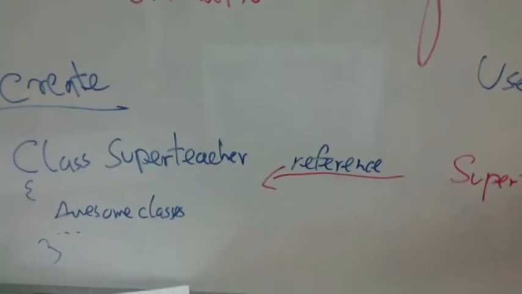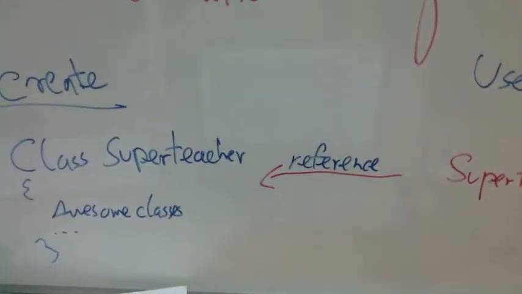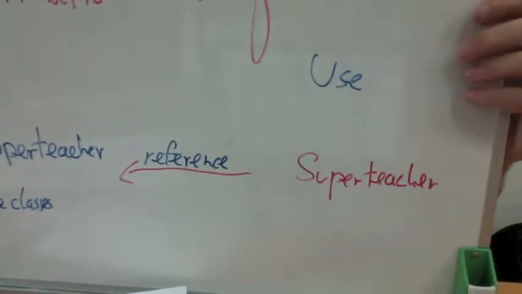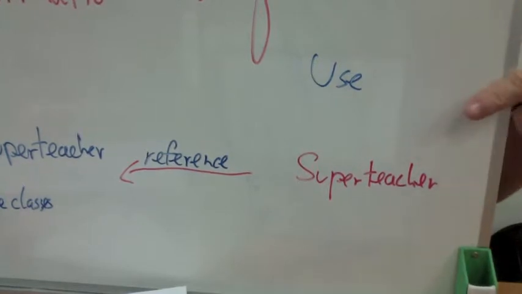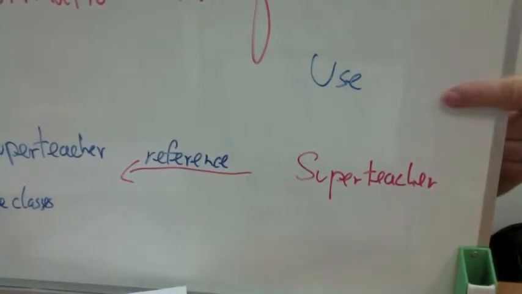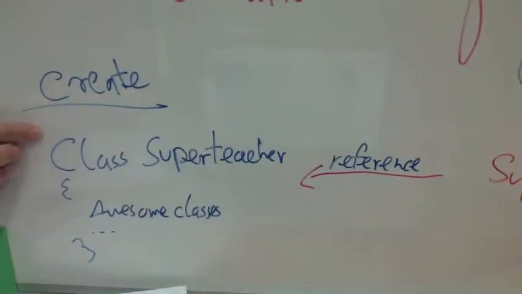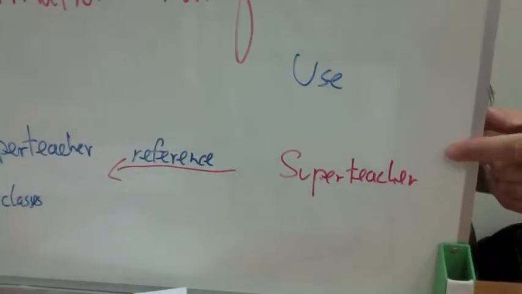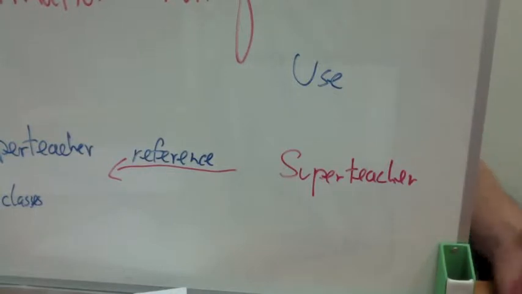It means we create our class, for example the class superteacher, fill it with methods like awesome classes, close it, and then we have it created. We have it in our repository and we could use it. But now, when we want to use it later on during our programming process, we will not copy everything that's here. We will simply reference it here and then can use it.